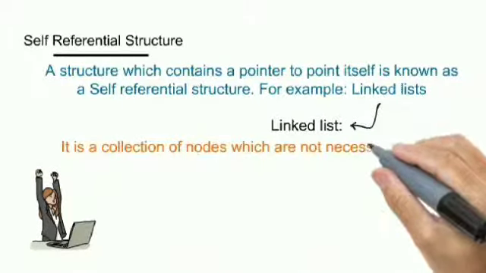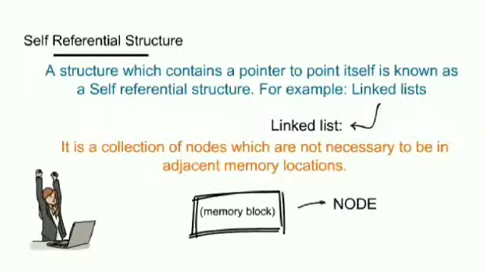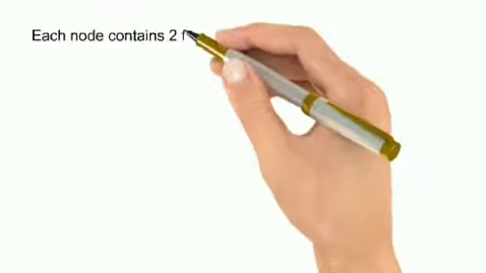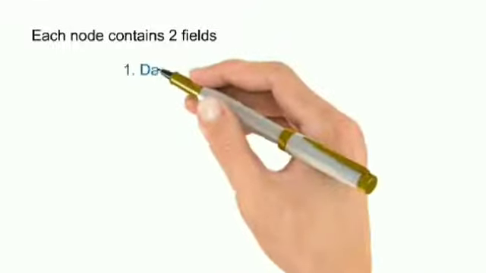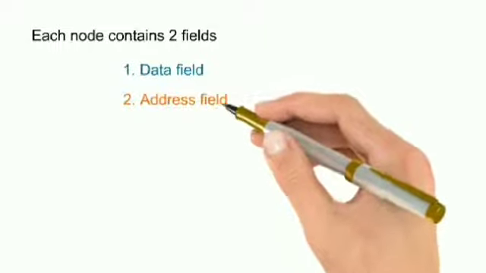It is a collection of nodes which are not necessary to be in adjacent memory locations. A node is nothing but a memory block. Each node contains two fields. Number 1, data field, and number 2, address field.